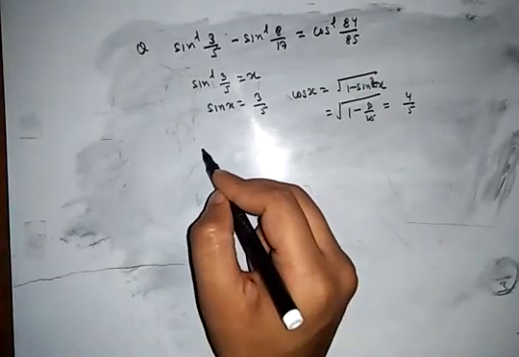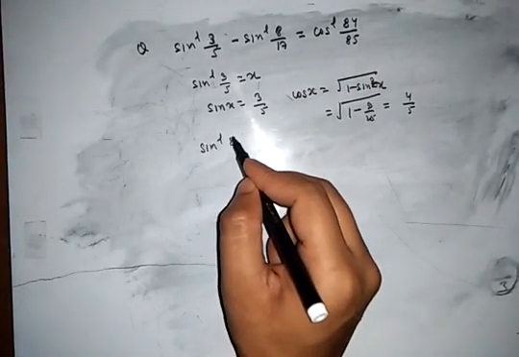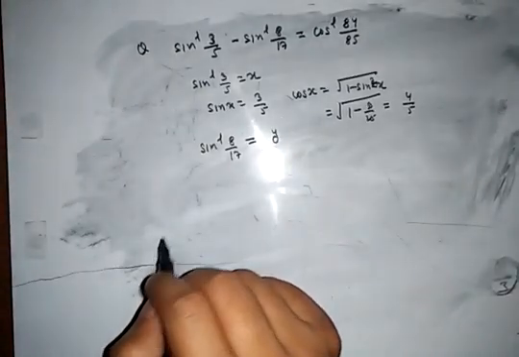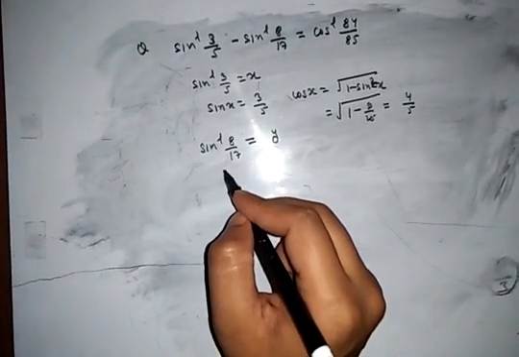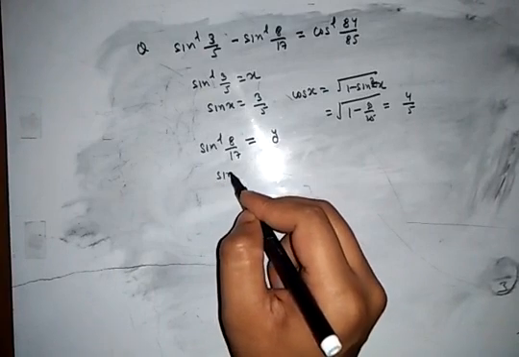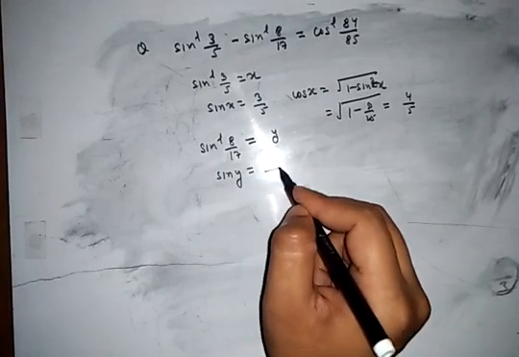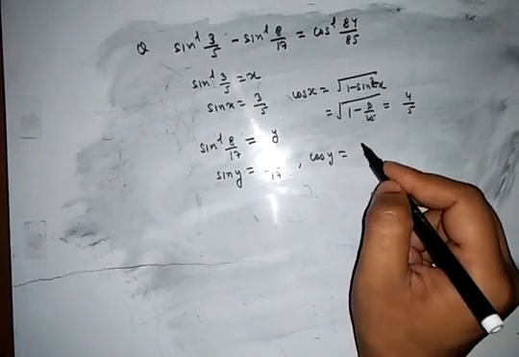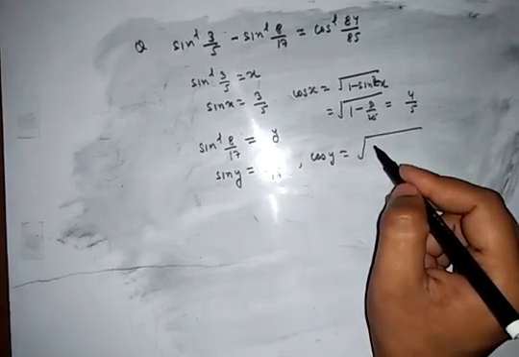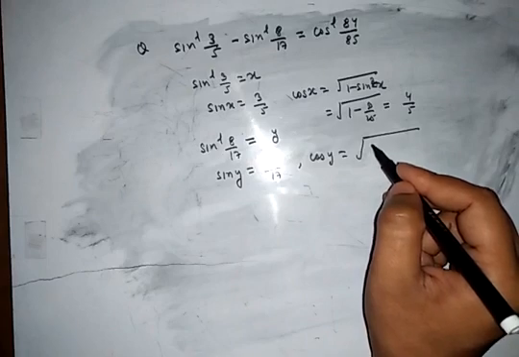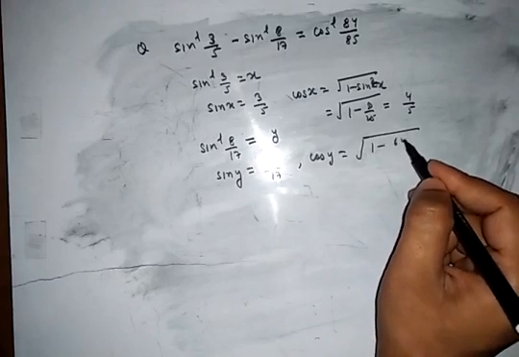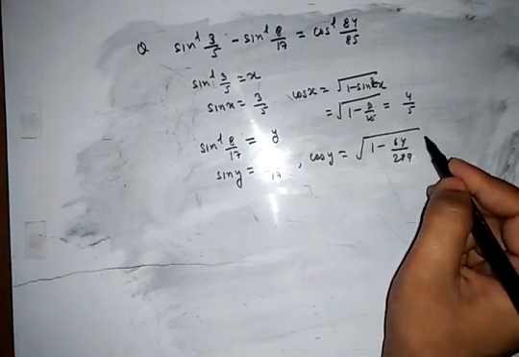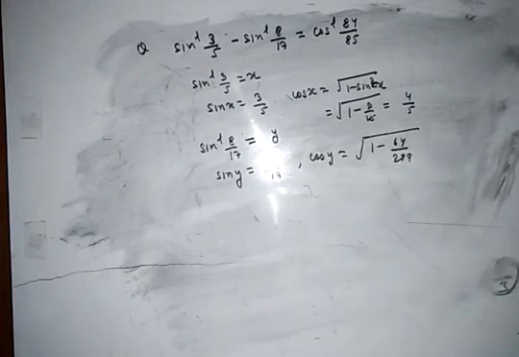Similarly assume sine inverse 8 by 17 is equal to y. Then sine y is 8 by 17. Then cos y is the square root of 1 minus sine square y, that is 1 minus 64 by 289, as 17 squared is 289.